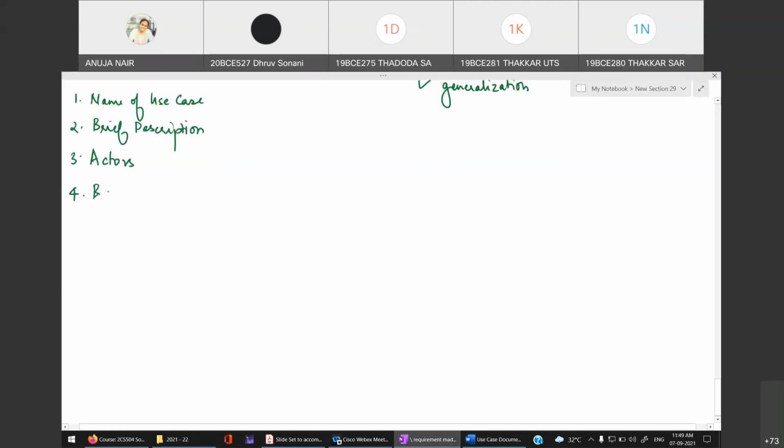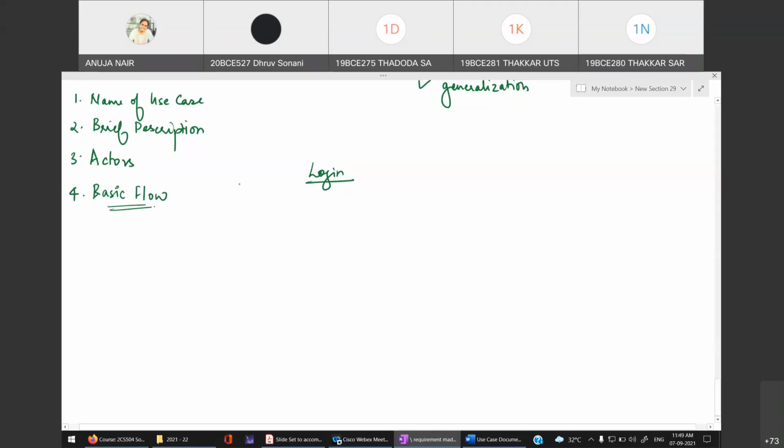What is basic flow? I have told you basic flow means if everything is normal, there is no error, everything is going smooth, there are no deviations happening, that is called basic flow, right? So if login is there, what is my basic flow? That I have entered a correct username and then a correct password, and when I click on submit, my authentication is successful.